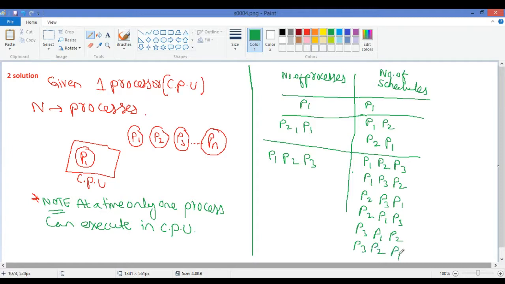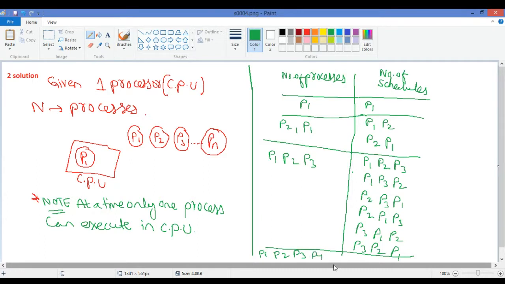So in total, six possibilities. Similarly, if you have four processes P1, P2, P3, P4, how will you solve?